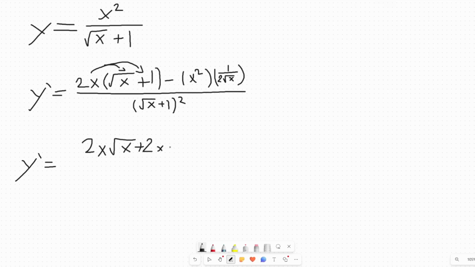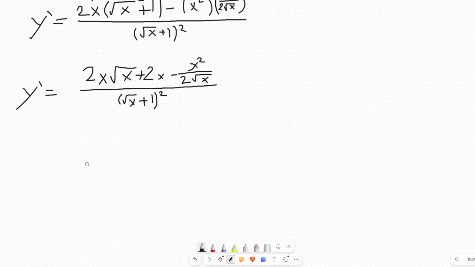Okay, and then minus, and now since we have multiplication here, you can just throw this term on top with the 1, so it becomes x squared over 2 root x. All right, so that's the simplified version. And yeah, that wasn't so hard now, was it? Let's try this one next.